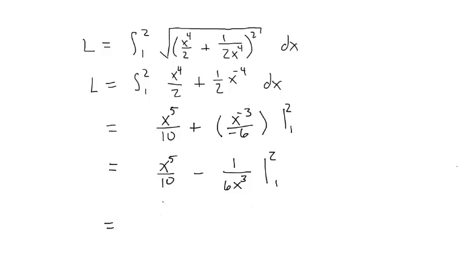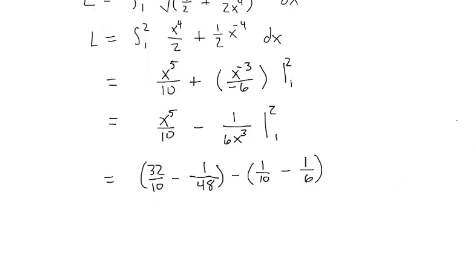And now I have 2 to the fifth is 32. So I have 32 over 10 minus 1 over 2 cubed is 8 times 6 is 48 minus 1/10 minus 1/6. And when we put all this in our calculator, we get 779 over 240.